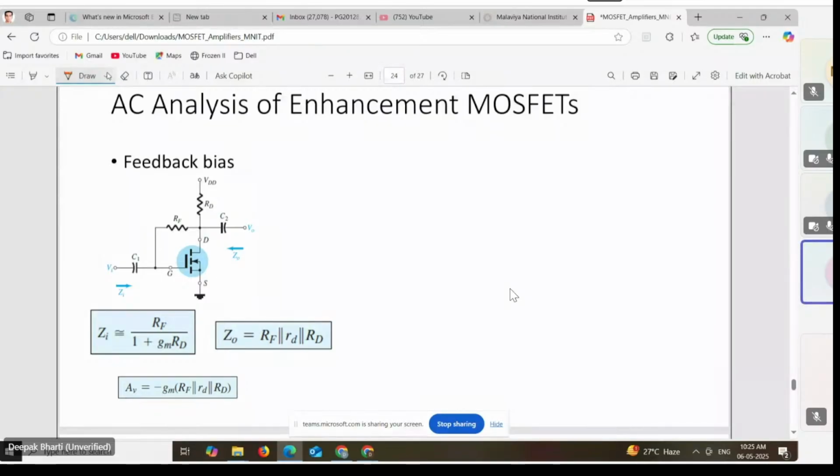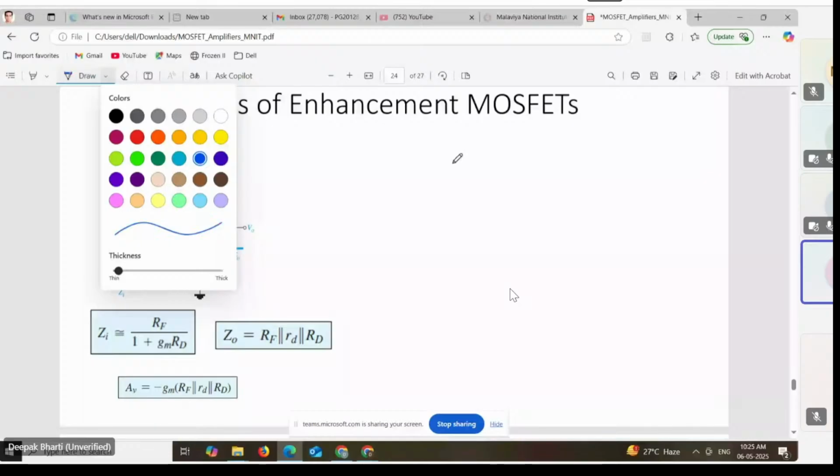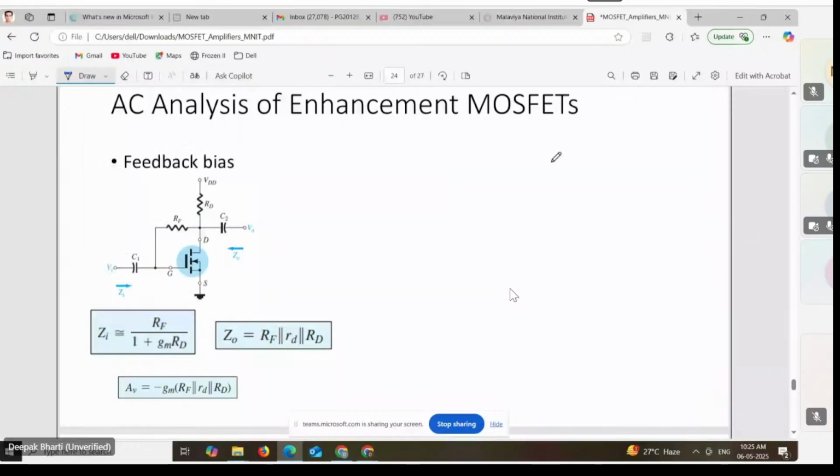So first of all, we'll draw the small signal equivalent of the MOSFET. So what will be that? G and S open circuit, and between drain and source it will be the GM VGS. Again, I will be excluding small rd in order to keep the analysis easier.